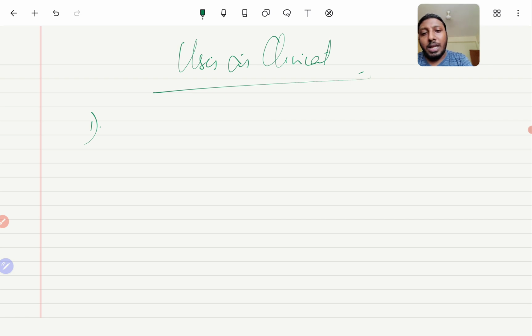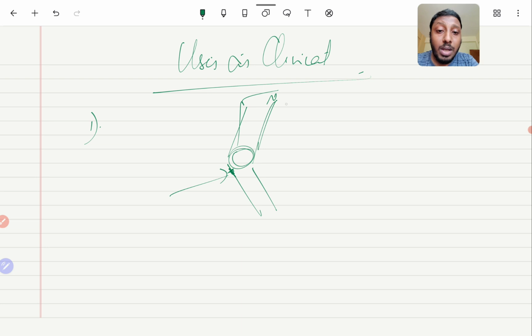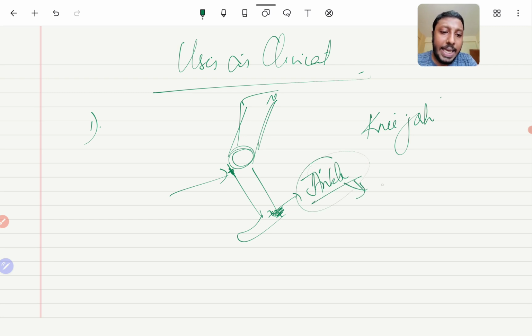For example, just imagine that this is a person. This is the knee of a person. We hit here, and we know that the knee jerk is present. Then if you check at the ankle, hit here and see whether the stretch reflex at the ankle is present, if you see that the ankle jerk is not present and the knee jerk is present, then what does it mean?